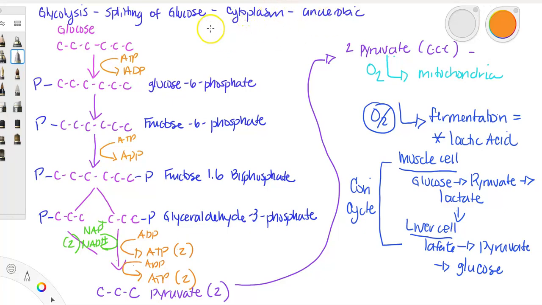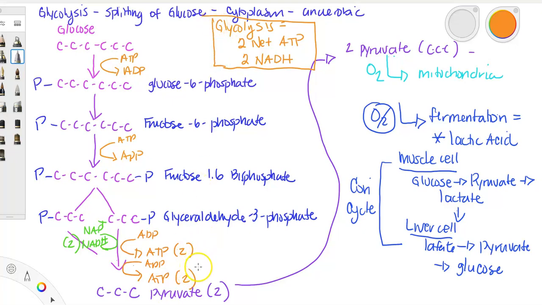Okay, so with glycolysis, in glycolysis we end up net 2 ATP and 2 NADHs. That is what you get from glycolysis.